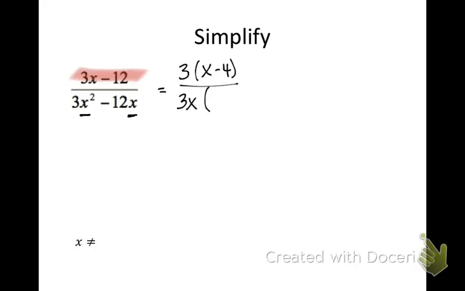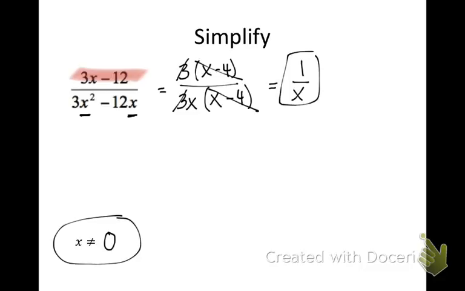So after I pull that out, I'm left with 1 x here minus 4. So now, looking at terms that cancel out, my 3's cancel out, my x minus 4's cancel out, all I'm left with is 1 over x. My restriction here is that x cannot equal 0.